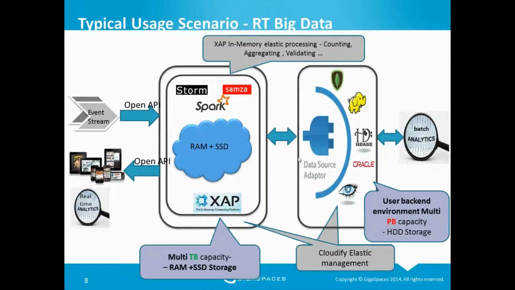With MemoryXtend, in a scenario when you need to manipulate hundreds of terabytes, you actually don't need a back-end database for persistence. XAP MemoryXtend can be your caching and processing infrastructure, as well as your persistency infrastructure.